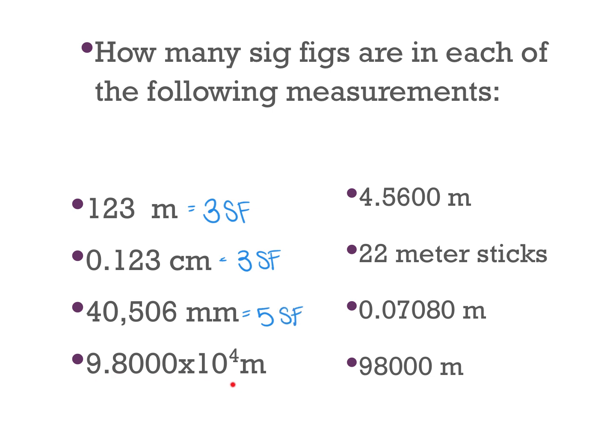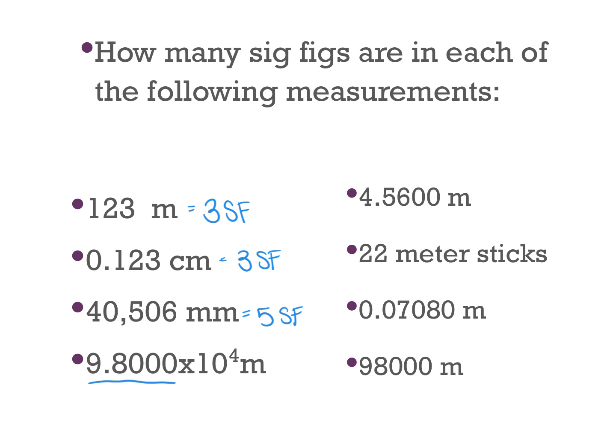9.8000 times 10 to the 4th. Take a guess, stakes are low. When we read scientific notation, the times 10 to the 4th doesn't matter, but this part does matter. If you have a decimal, do the zeros that come after the decimal matter? Are they significant? Yes.